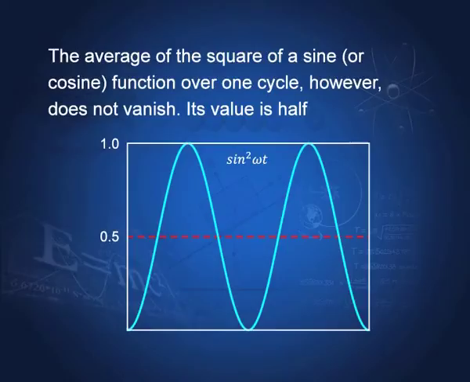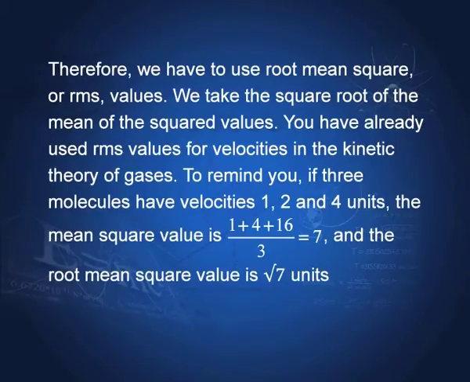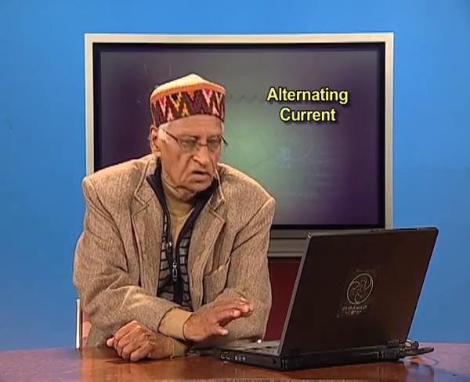The average of the quantity itself has no meaning, because it becomes 0. Therefore, we take the average of the square, and then we take the square root to give us the quantity. Such values are known as root mean square values, and as shown in the example, the root mean square value of 3 molecules having velocities 1, 2 and 4 is root 7 units. So, we shall be dealing with root mean square quantities.